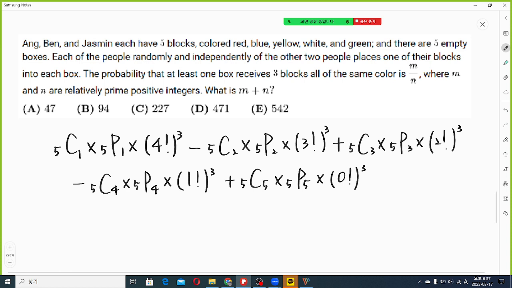And the total number of arrangements is 5 factorial cubed. So to find the probability, we need to multiply by 1 over 5 factorial cubed.